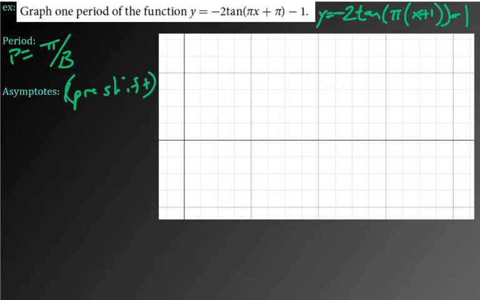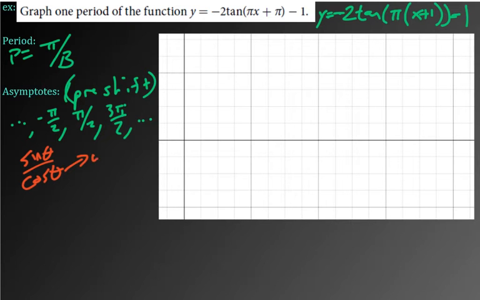Sorry, the asymptotes would be at negative pi over 2, pi over 2, 3 pi over 2, etc. These are just the times where, because tangent is sine over cosine, when cosine equals 0 is when you're going to have asymptotes, right? Because in that fraction, the bottom is 0. So cosine equals 0 at those increments in the unit circle. So that's when there's going to be an asymptote.